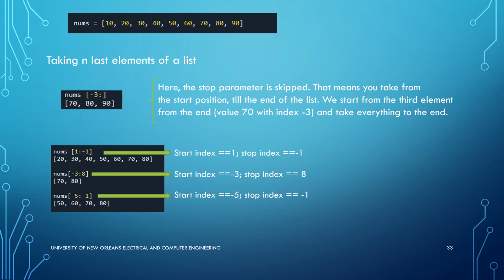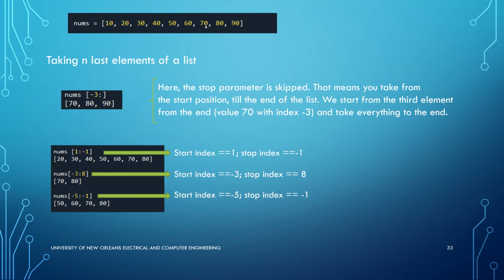And as you can see here, the stop parameter is skipped. We don't have a stop parameter here, and we don't have an increment parameter either. So that means that you take from the start position till the end of the list.